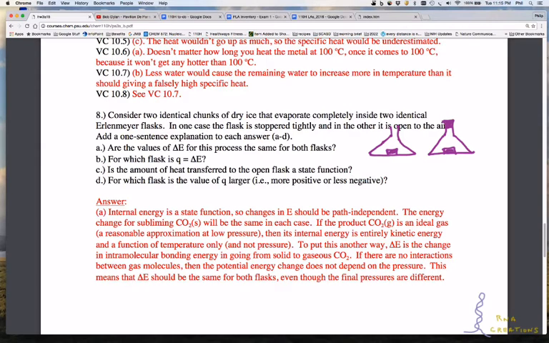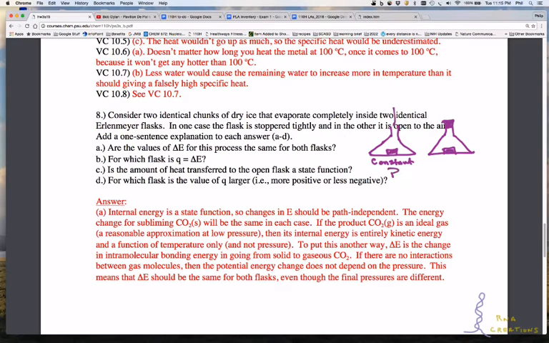The first question concerns whether or not delta E is the same for both flasks. You can put a lot of thought into this, or you can simply say, well, delta E is a state function. You can think of this first one as your constant pressure.